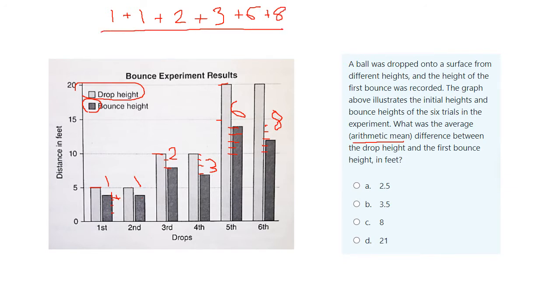And in total, we have 6 drops, so we need to divide by 6. 1 plus 1 is 2, plus 2 is 4, plus 3 is 7, plus 6 is 13, plus 8 is 21. So 21 divided by 6 would give us the answer 3.5. So the answer is B, 3.5.